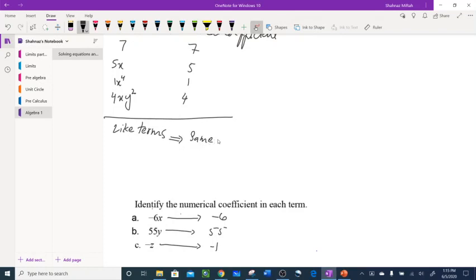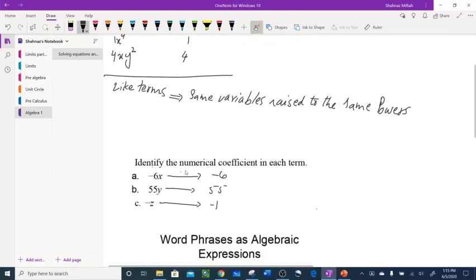When the terms have the same variables raised to the same powers. Okay, and all numbers are actually like terms, like all these numbers 7, 5, 6, 7, 8, 9, 10, all of them are like terms.